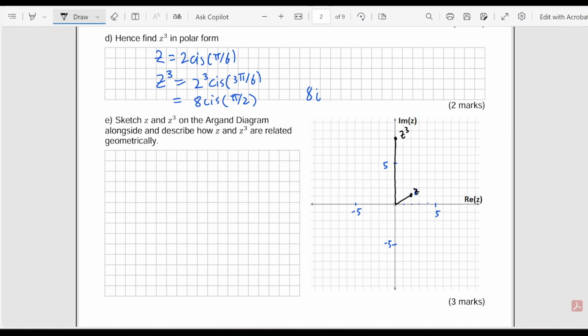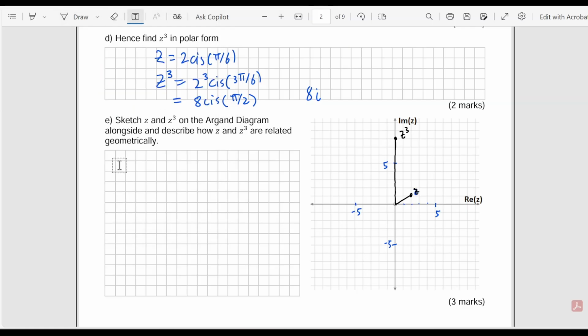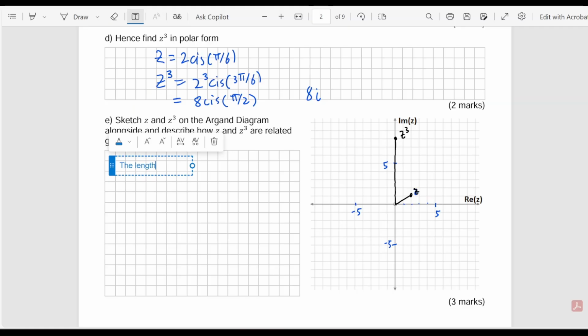All right, now don't forget to do this bit over here. Comment on the relationship geometrically. So if we want to make a comment on that, we can. The length of z cubed is the length of z, cubed, right?